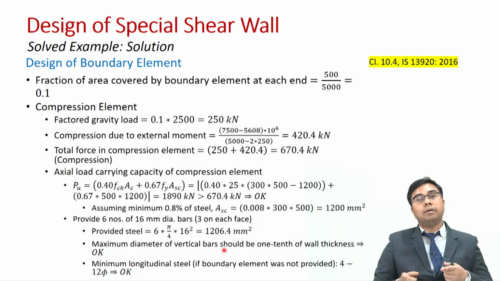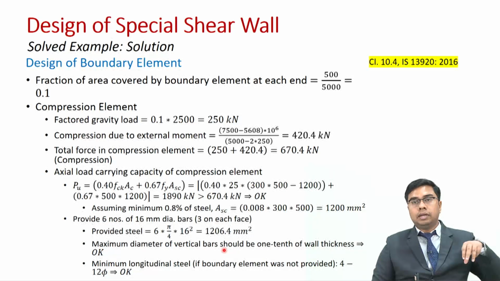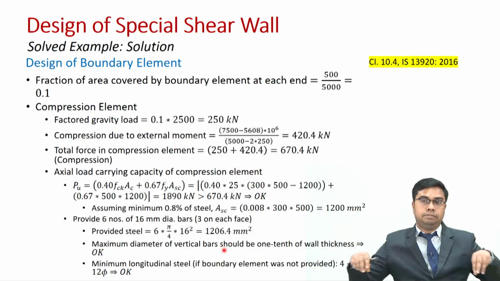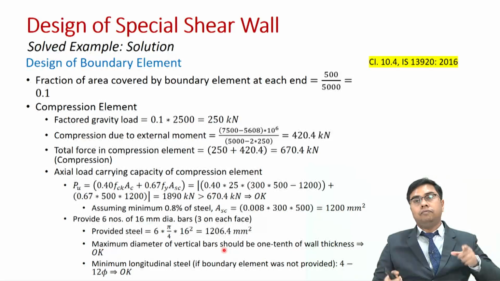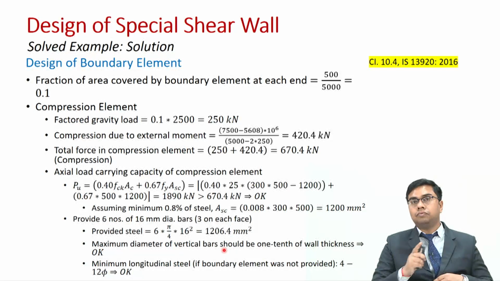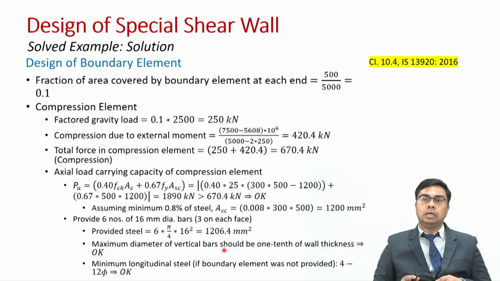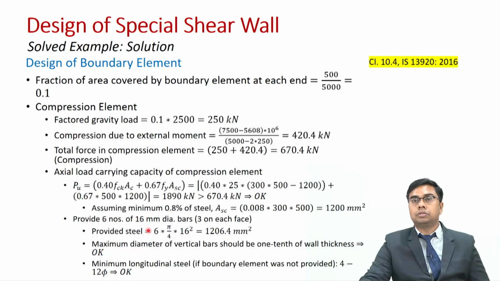Further, if the boundary element was not to be provided, then in that case also you should have at least provided 4 numbers of 12 mm dia bars at both the ends. So if we are providing boundary element, the minimum longitudinal steel should be at least 4 numbers of 12 mm dia bars. So that is also checked because we are using 6 numbers of 16 mm dia bars.